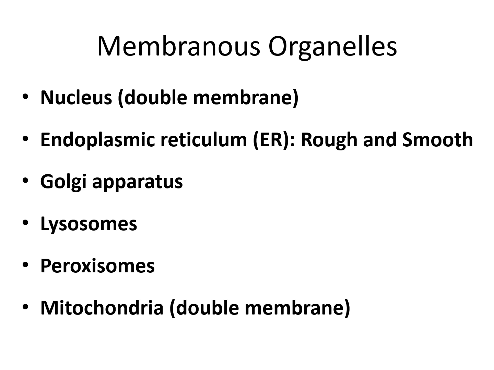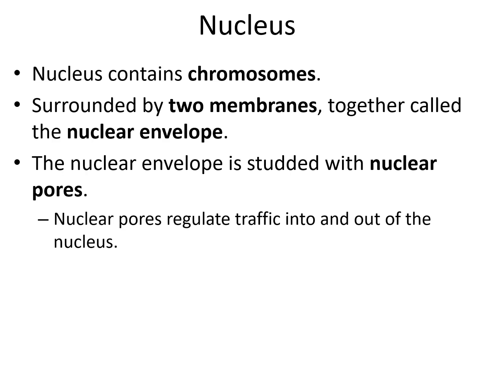One thing you need to know is that of these membranous organelles, 2 of them have double membrane, nucleus and mitochondria. So the function of the nucleus is that it contains chromosomes. Chromosome is the place that contains the DNA and our genes.